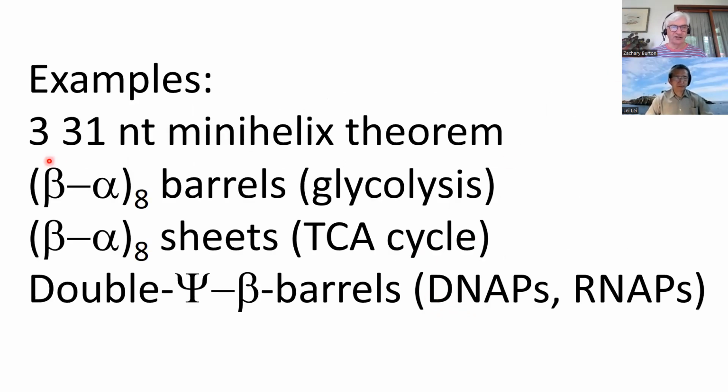And examples, the 31 nucleotide mini-helix theorem to generate type 2 and type 1 tRNAs, as I showed you. Beta alpha 8 barrels. These are the basis for sugar metabolism. And they've lasted on Earth for 4 billion years. Very successful folding of protein.